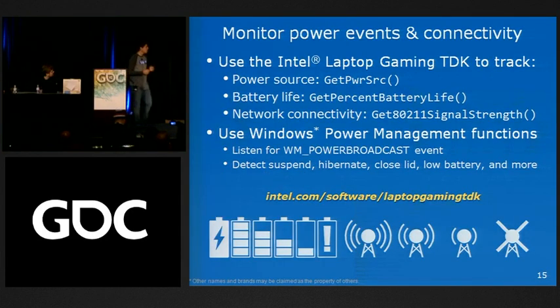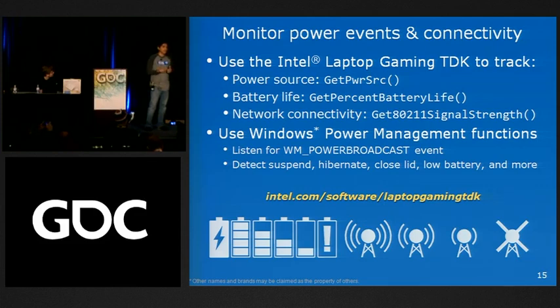A few things to think about: because it's a mobile device, you want to monitor power and connectivity. There are various ways that you can do this. You can use the Windows API, but Intel provides the laptop gaming TDK that you can download at the website listed on the slide. It's a wrapper around a lot of the power management functions in Windows, and it's a few lines of code.